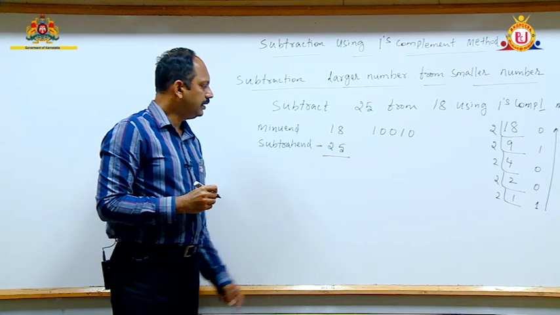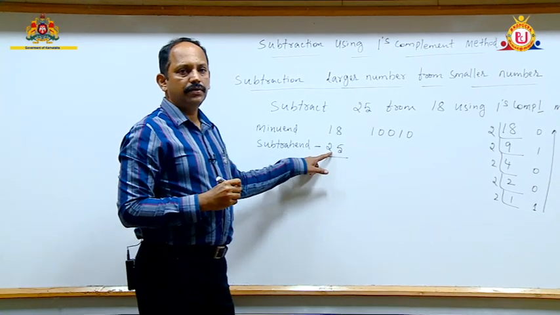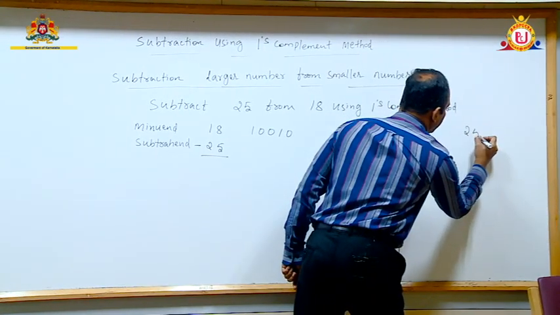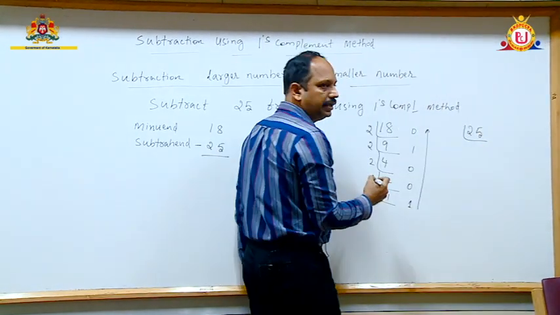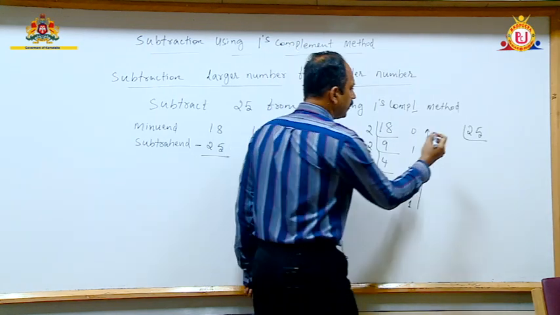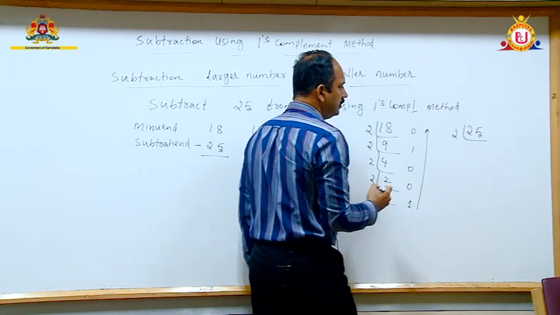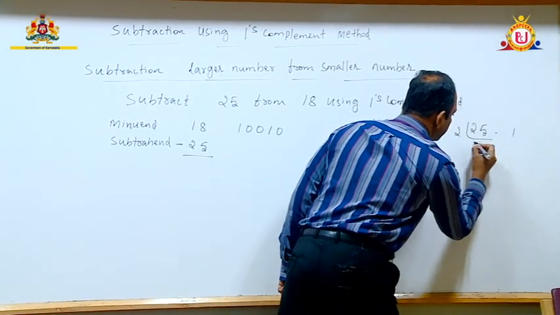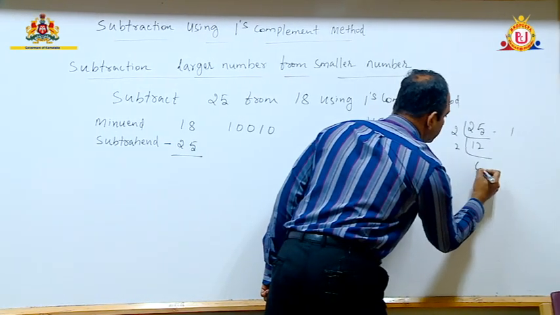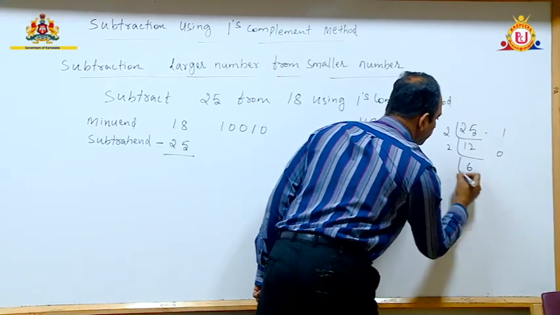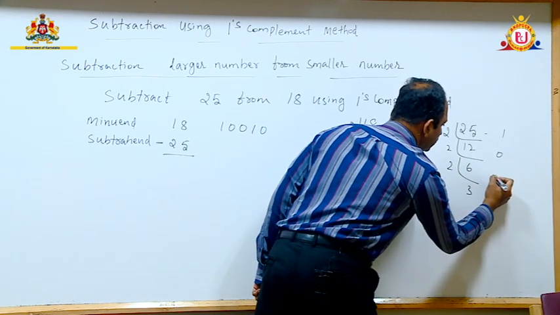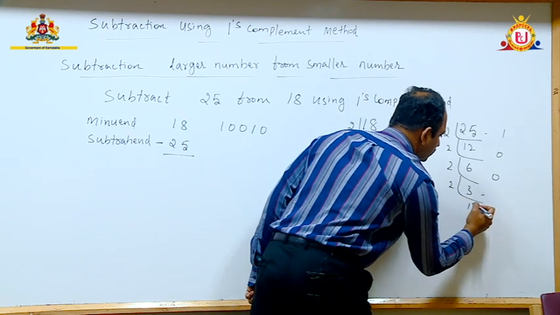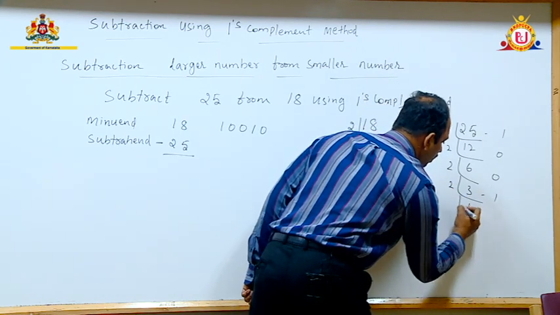Now let us find the binary equivalent of the decimal number 25. 2 times 12 is 24, remainder is 1. 2 times 6 is 12, remainder is 0. 2 times 3 is 6, remainder is 0. 2 times 1 is 2, remainder is 1.